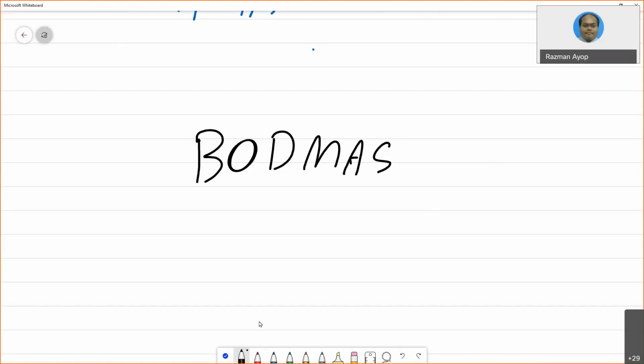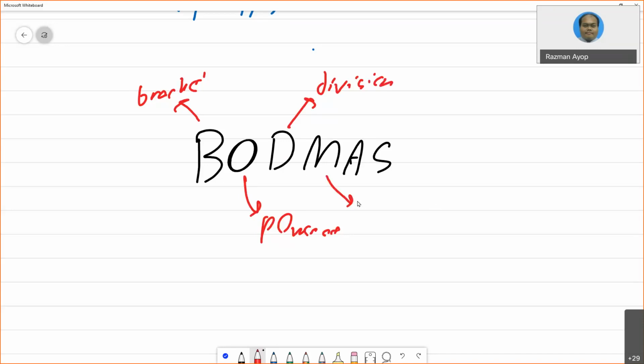BODMAS basically means this is bracket, power of, this one is division, this one is multiplication, this one is addition, this one is subtraction.